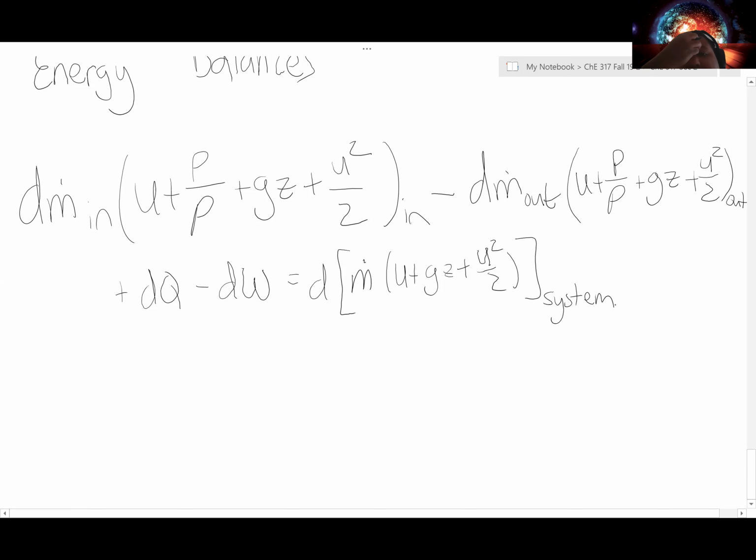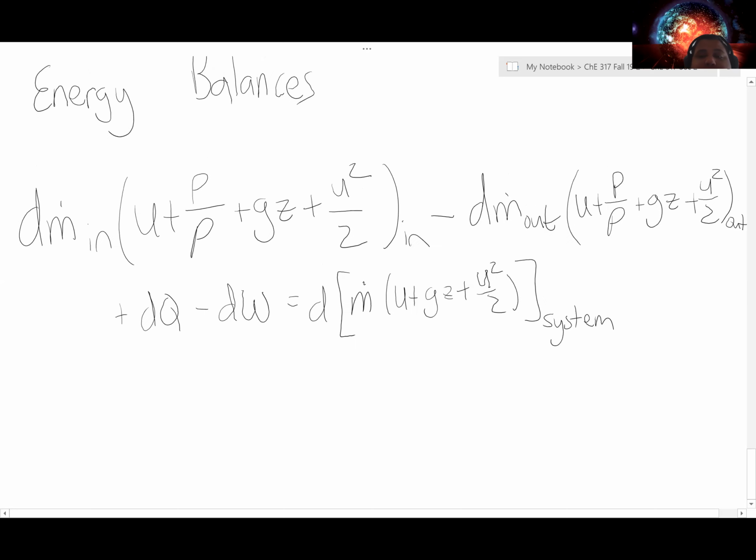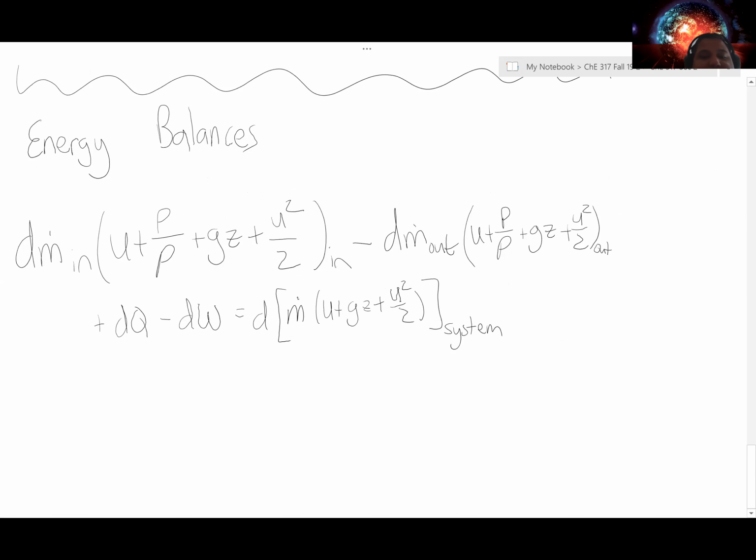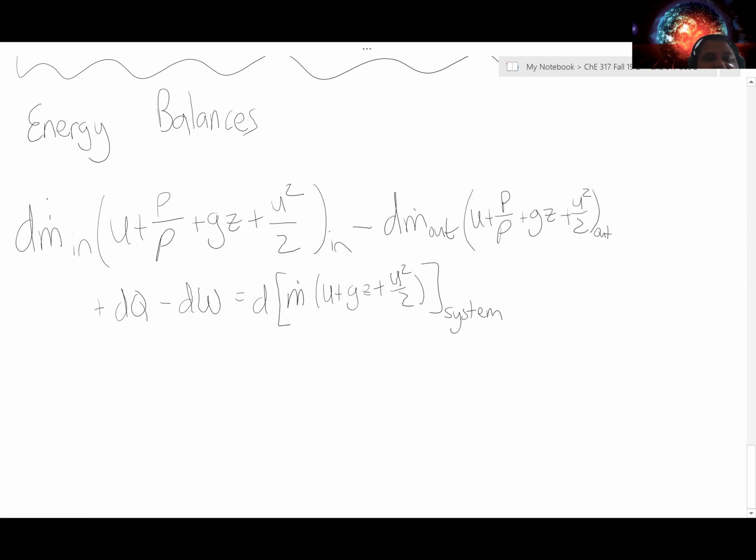All right, so let's break this down piece by piece. Looking globally, I'm looking at the differential energy coming into the system associated with mass moving into our system.